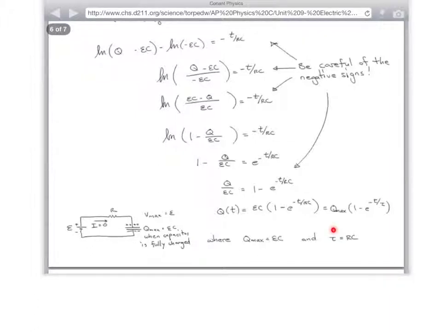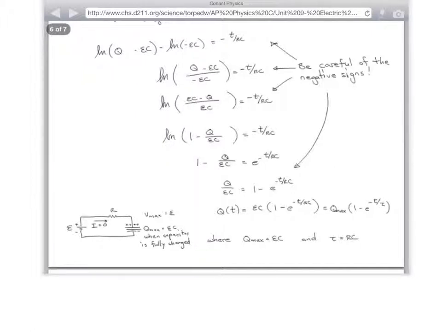The final charge that you build up to is going to be dictated by the voltage of the battery times the capacitance. So Q max is equal to the voltage of the battery times the capacitance. So in the end, you end up with Vmax times the capacitance when the capacitor is fully charged.